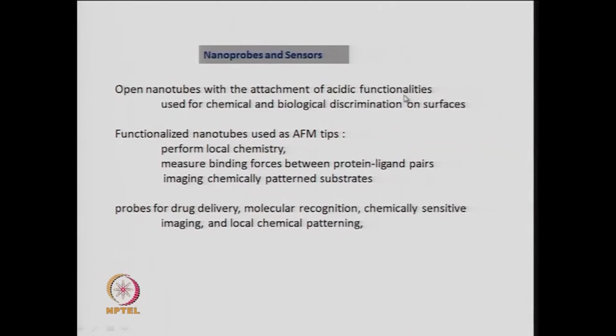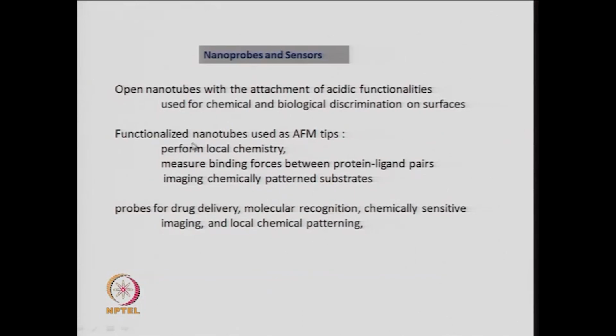There can be acidic functionalities like carboxylic groups attached, and this has been shown and used for chemical and biological discrimination on surfaces. So, you have the various molecules and you have some functionalities which can attack some particular molecules and hence functionalize the surface of these open nanotubes.